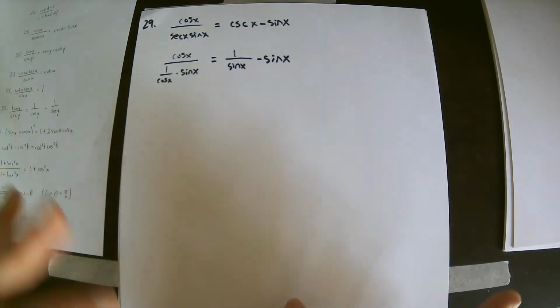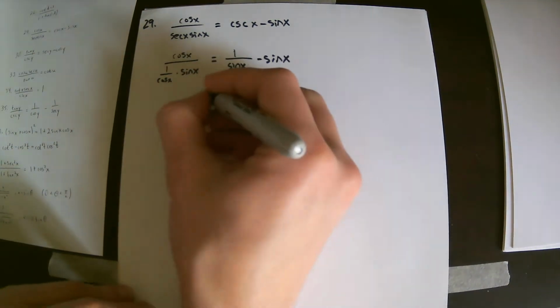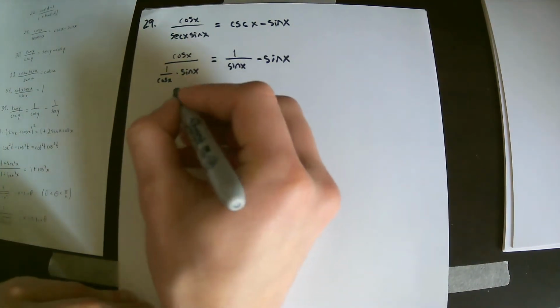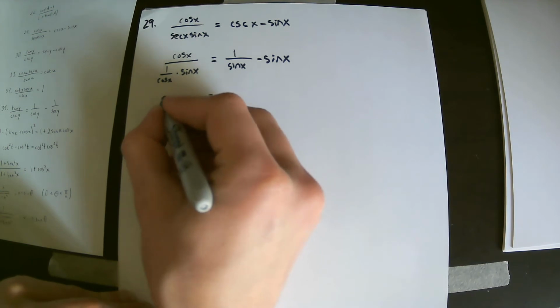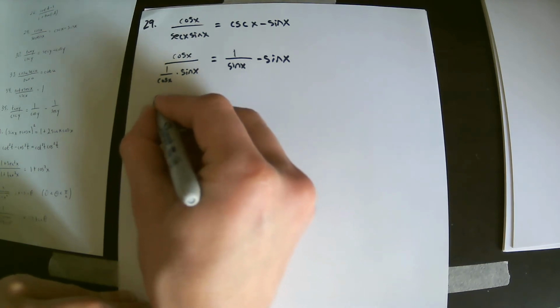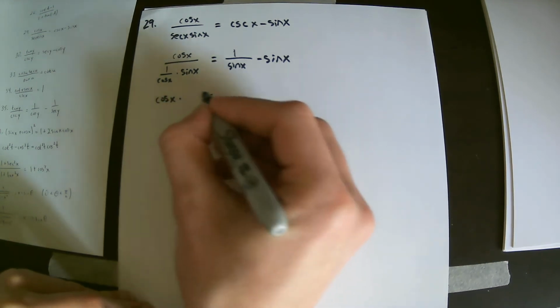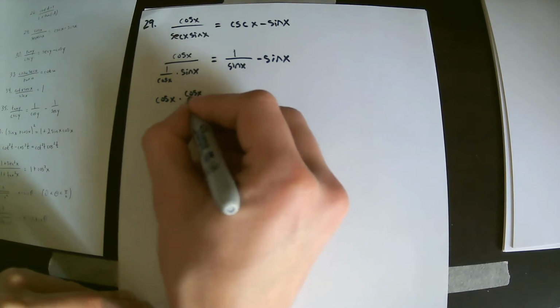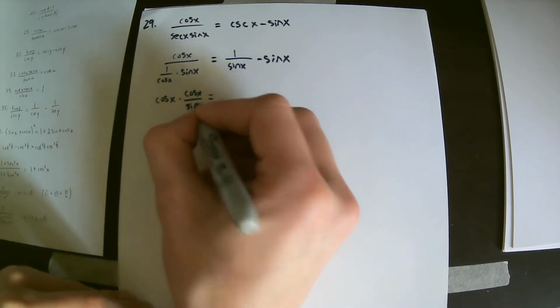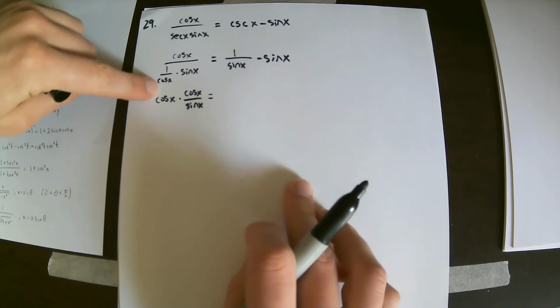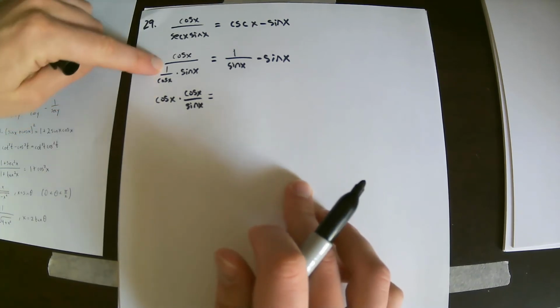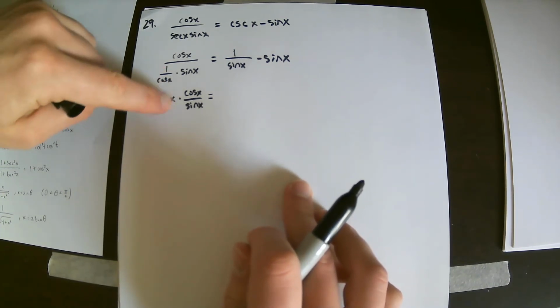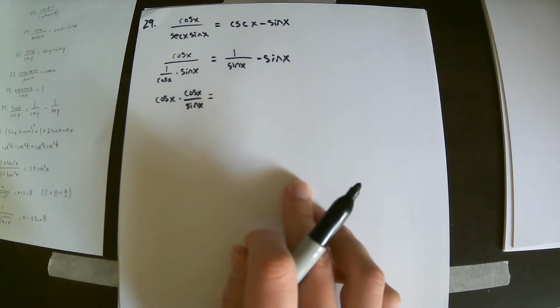Okay, so far I've just written everything in terms of sines and cosines. Now, cosine of x, this is going to be the same as cosine of x times cosine of x over sine of x. Because in the bottom here I have sine over cosine, but it's in the denominator, so that's going to turn into cosine over sine.